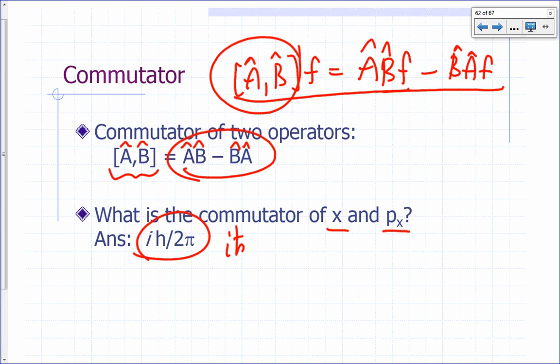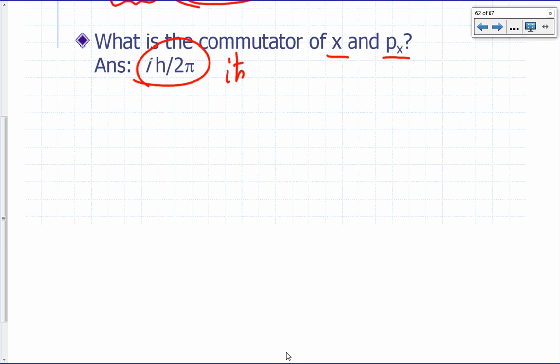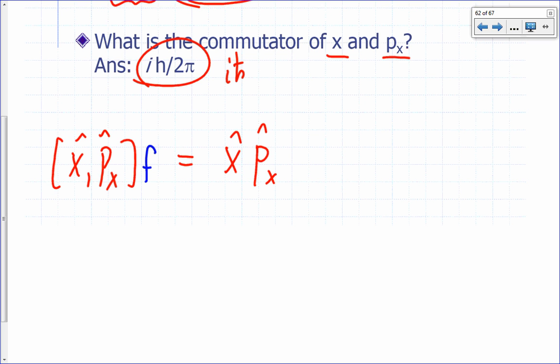Let's see if we can do that. The commutator of x and px. So let's apply that on a function of x. What are we supposed to do? We do x px first and then subtract px x, applying both on f.